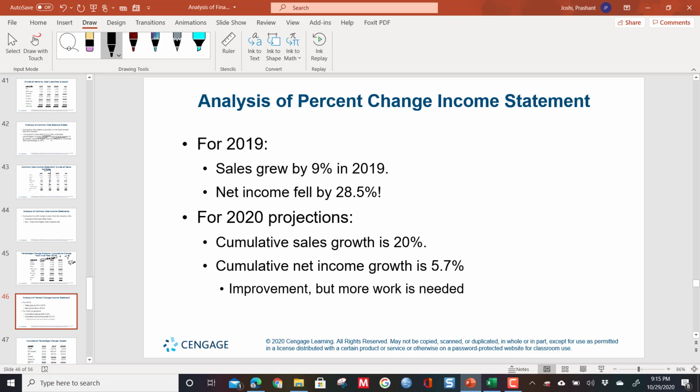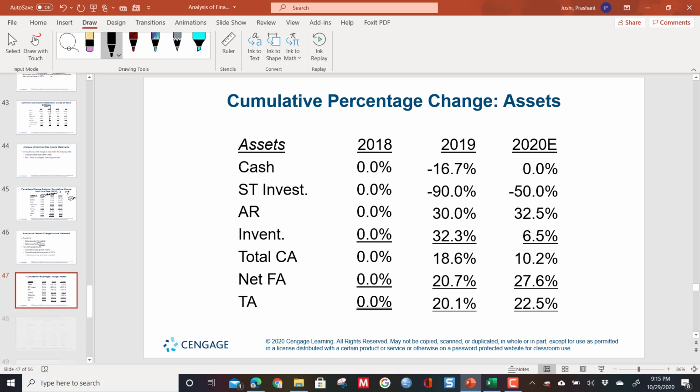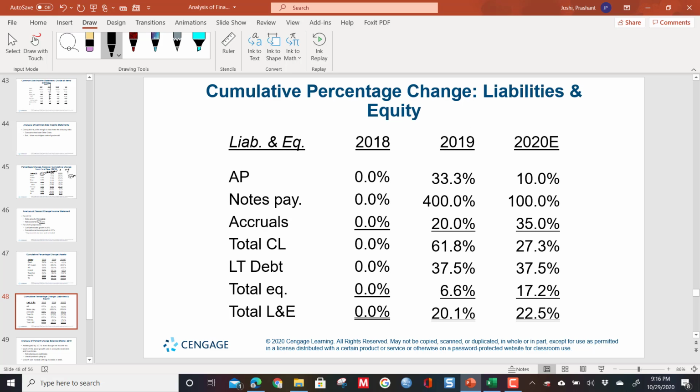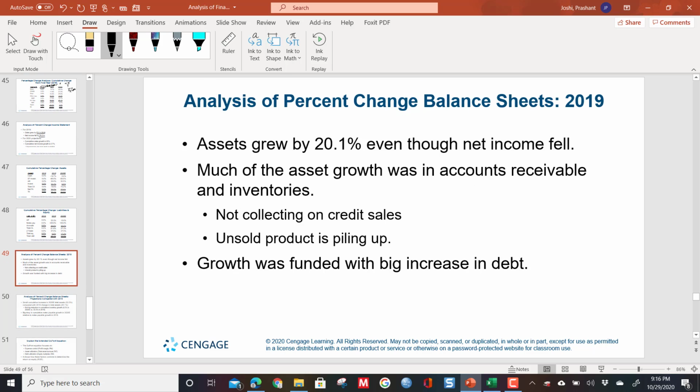So sales grew 9% in 2019. You can see and comment on the growth percentage, whether net income growth or sales or other items. So an asset class has gone down in comparison to 2018. If you want to make a comparison with 2019 as the base year, you can do it for 2017, so that will become your base year.